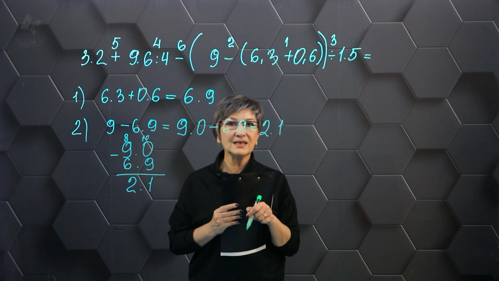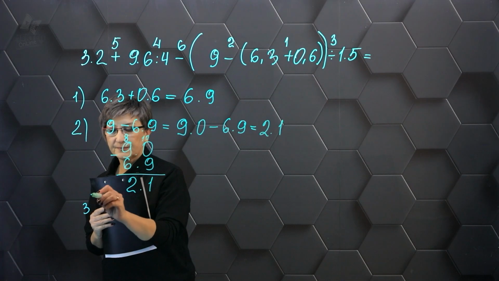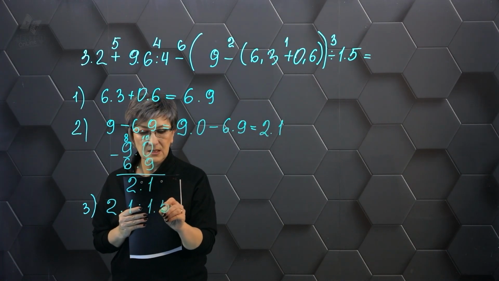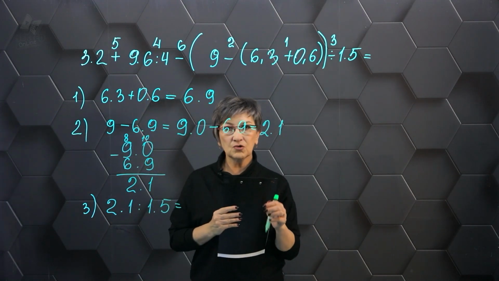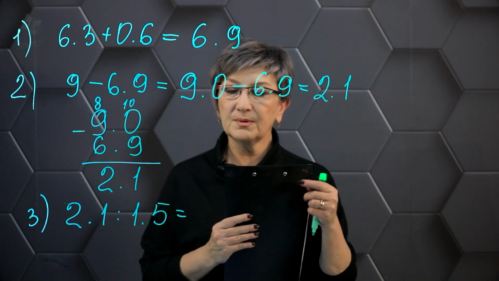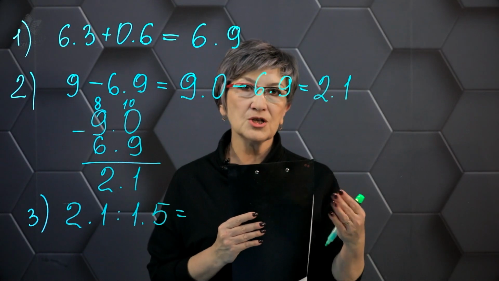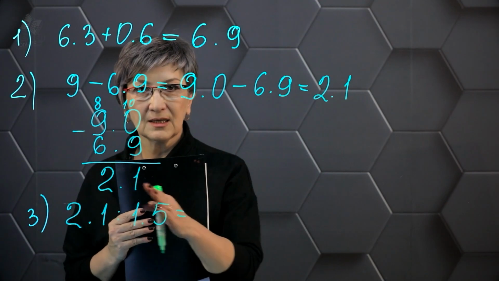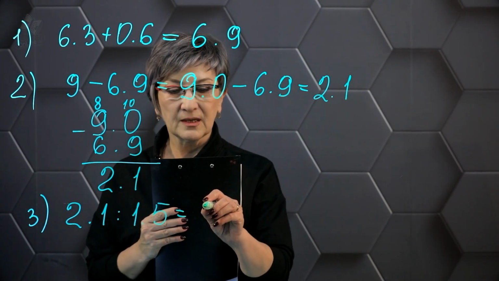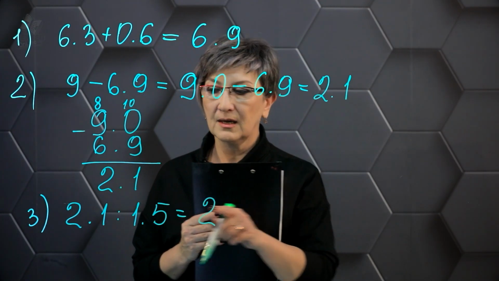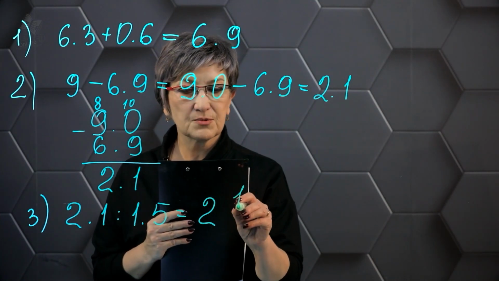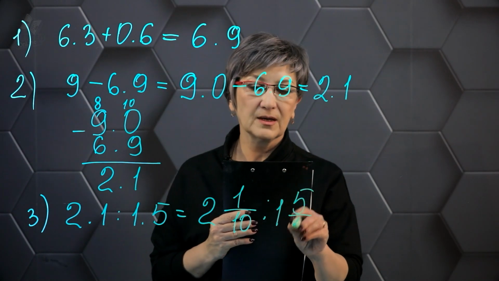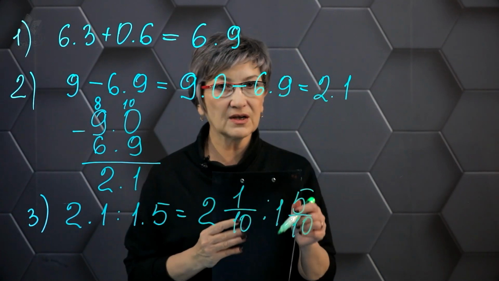The next action is division. So I have to divide 2.1 by 1.5. In this case, you can do the division by converting it to an ordinary fraction, or you can do a column division. We know how to divide in columns, so you have the freedom to perform this action as you desire.